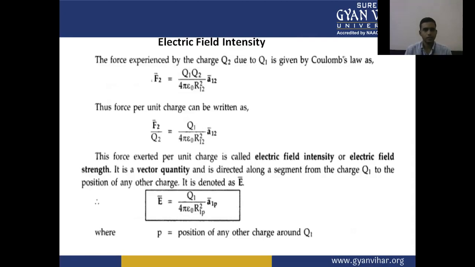The force experienced by charge Q2 due to Q1 is given by Coulomb's law as F2 equal to Q1 Q2 upon 4 pi epsilon naught R12 squared, and the direction of the vector is A12.